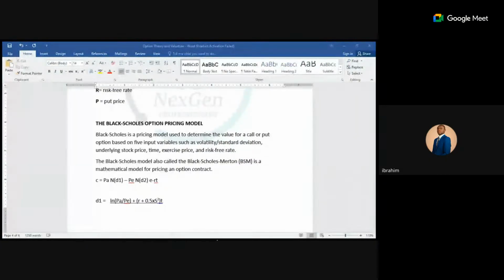The underlying stock price is the stock price at the maturity. We should not forget that. You can say it is the current price at the maturity, or the price at the maturity.